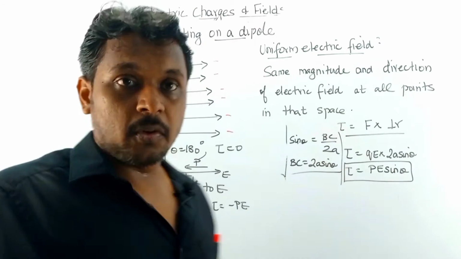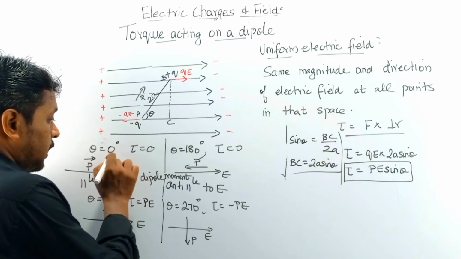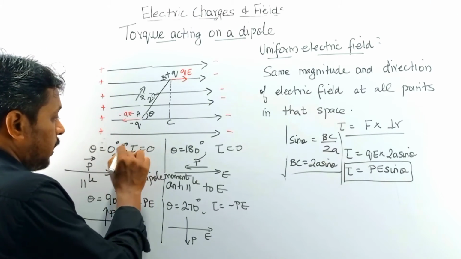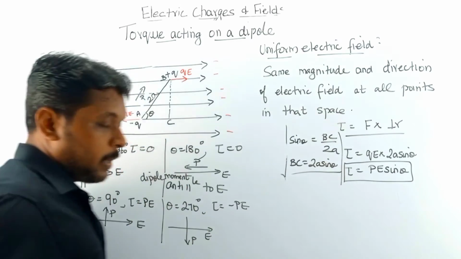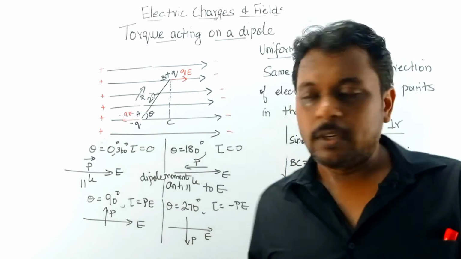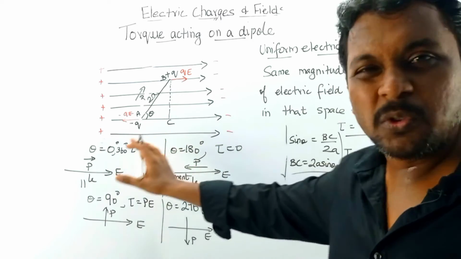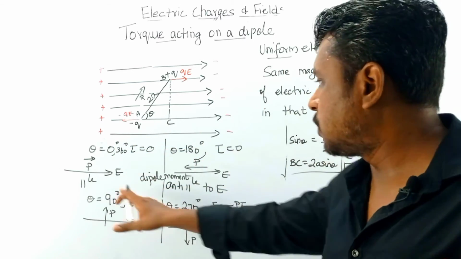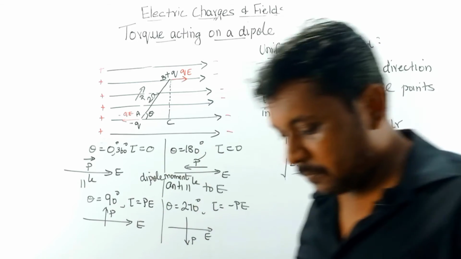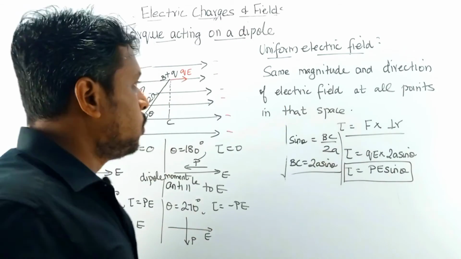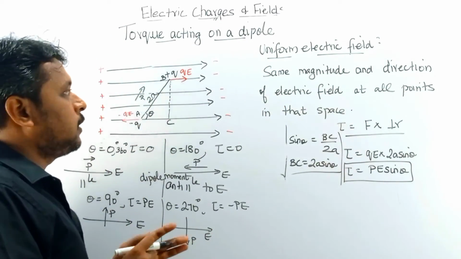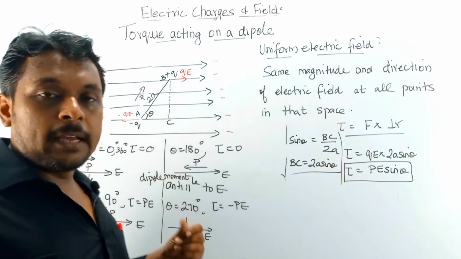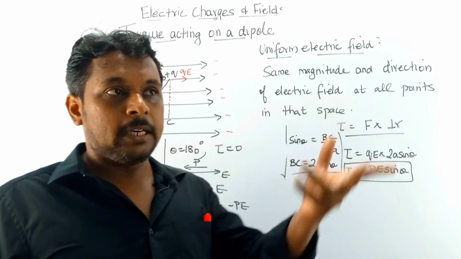For 0 and 360 degree also the value of torque is 0. The P is parallel to E. So for all the common values of angles, we have found the torque values and also the direction we have mentioned here. Fine. So up to this stage we have seen what happens to the dipole when it is placed in a uniform electric field.